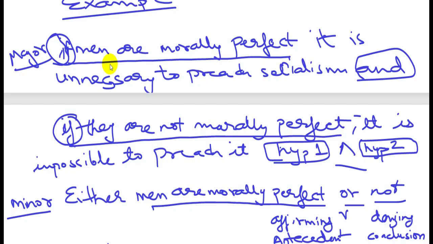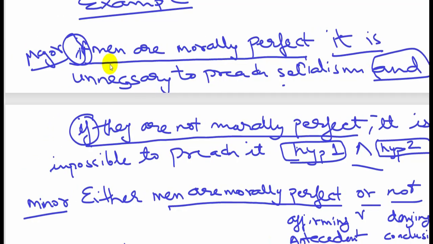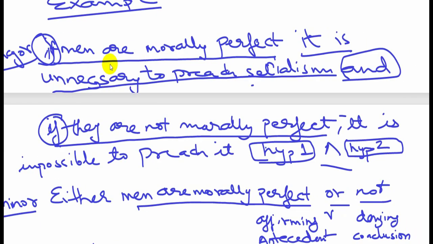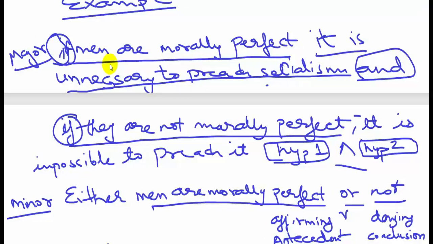And the conclusion, what it does is, it denies, while the conclusion affirms the consequence, that is, it is unnecessary to preach socialism, or it is impossible to preach it.